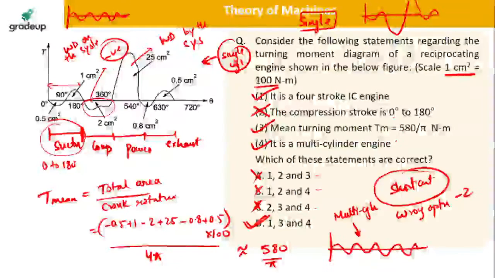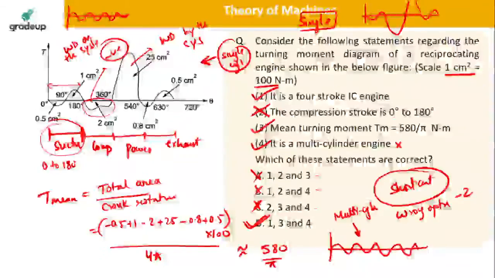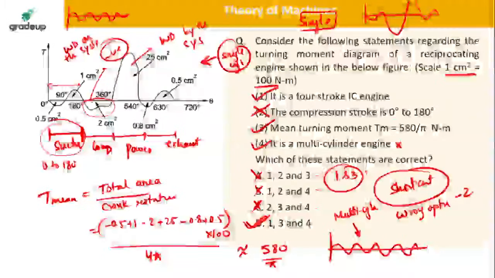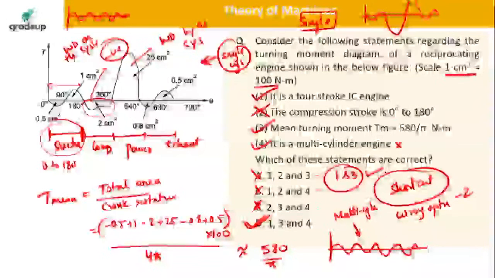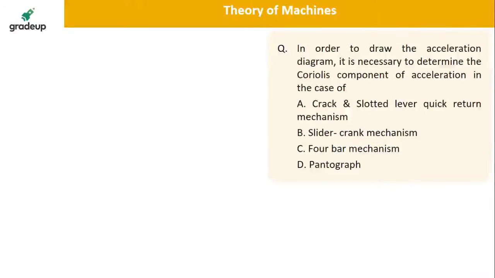Technically statement 4 should be wrong, because we are talking about a single cylinder only. Is this clear? But they are not giving us the option to eliminate option 4. So option D is the correct answer. If the options had included 1 and 3, that would be the most appropriate answer. Clear? Fine. Let's go for the next question.